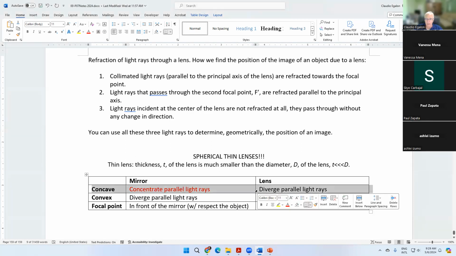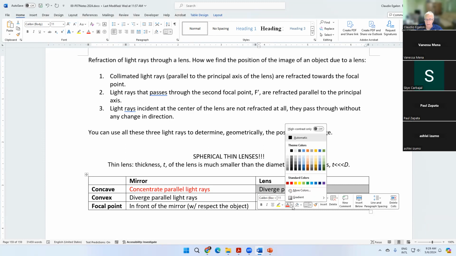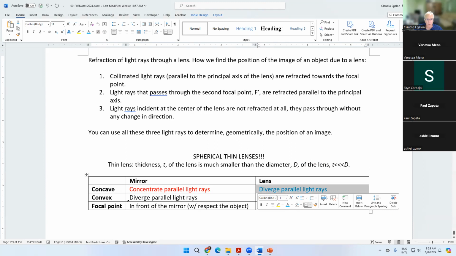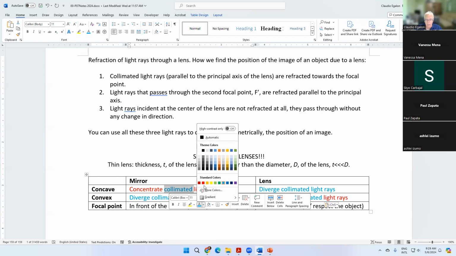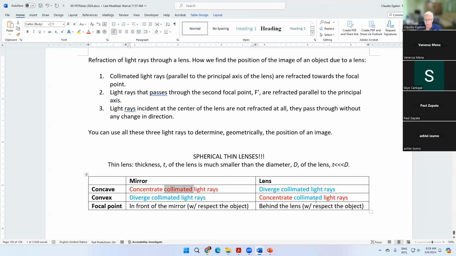But you're going to see that just like convex mirrors, I'm going to put a different color here, they diverge parallel light rays. Even better, collimated light rays. It's better this way. Collimated, collimated, collimated.